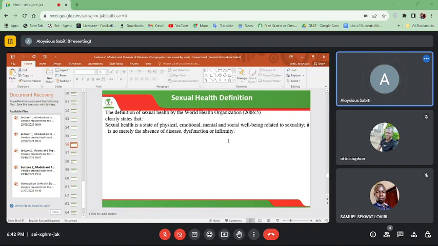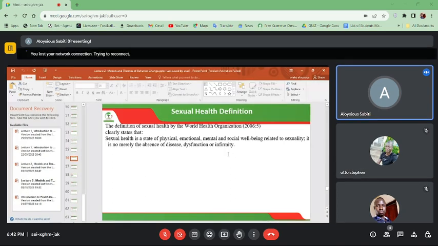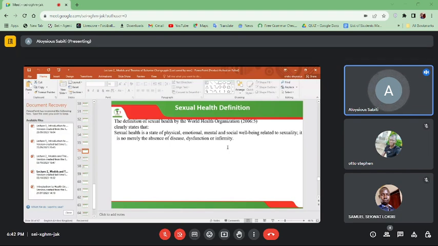Whereas the WHO defines health in a similar way, you realize that it looks at the completeness. But at this aspect, we're looking at the sexual, looking at a case study that is about sexuality.